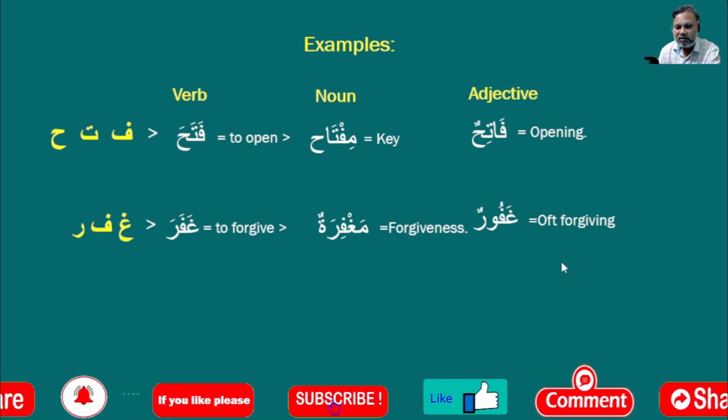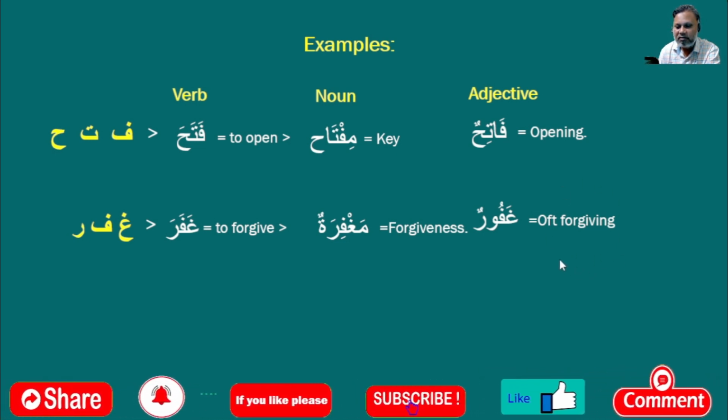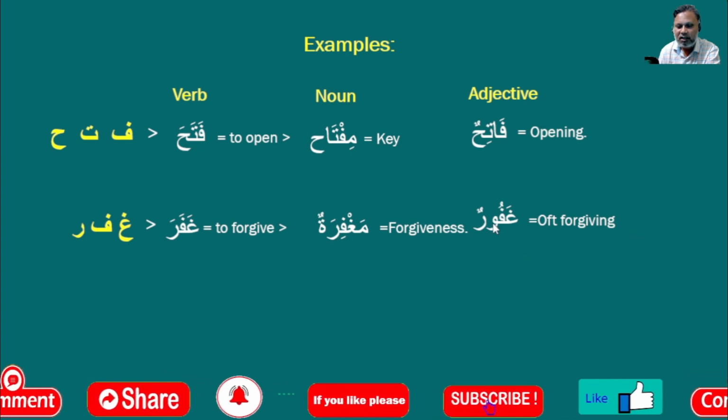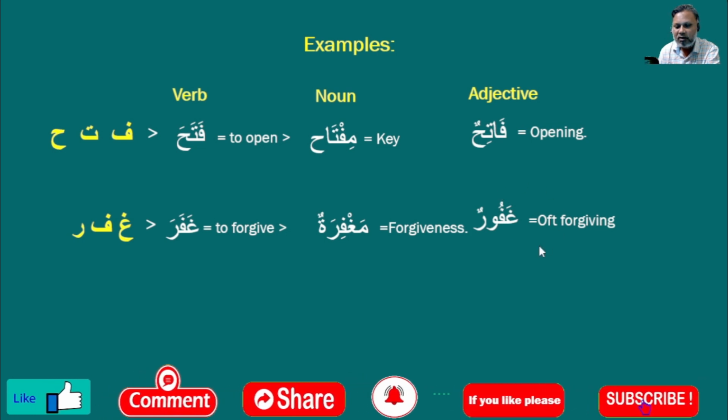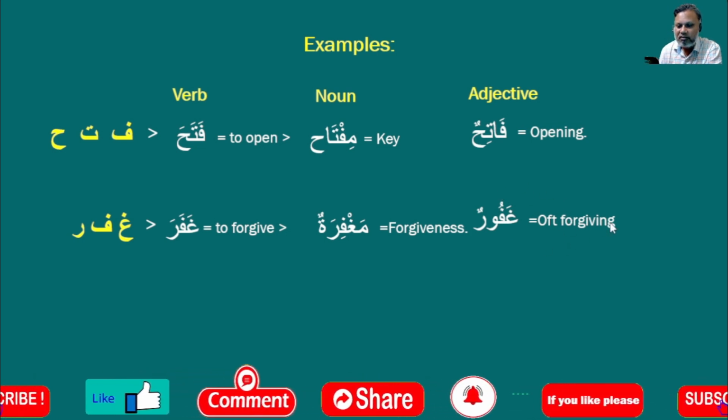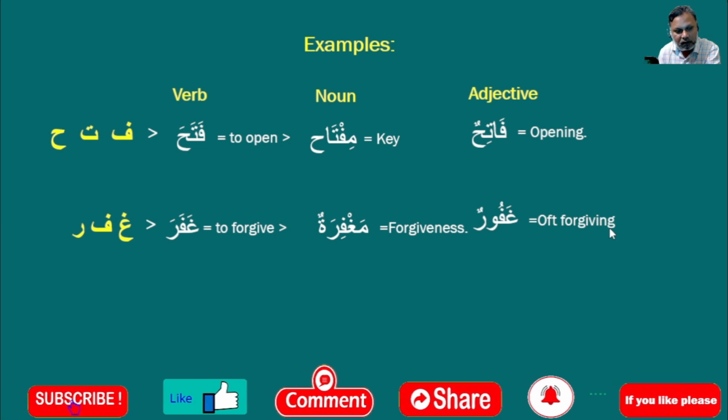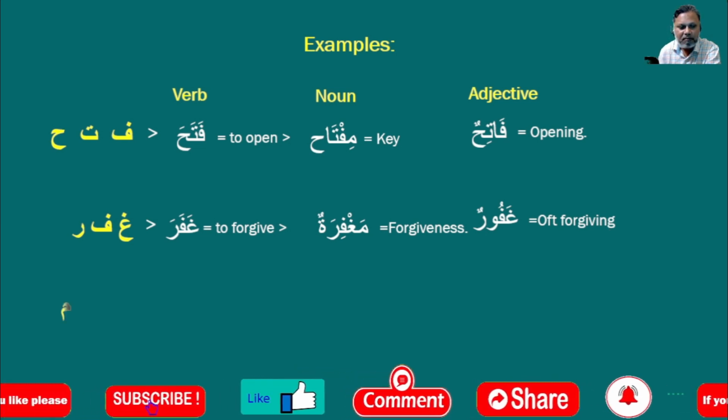Here it means only Allah can forgive repeated mistakes. That's why Ghafur is one of the names of Allah subhanahu wa ta'ala, the Forgiving. This is the derived adjective.